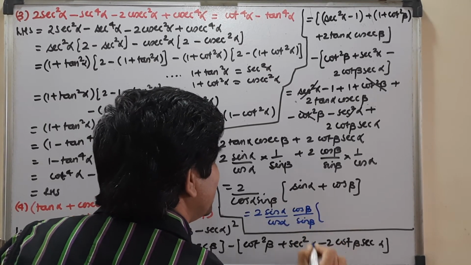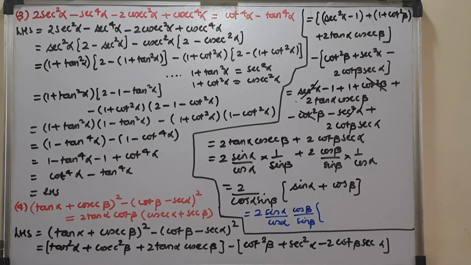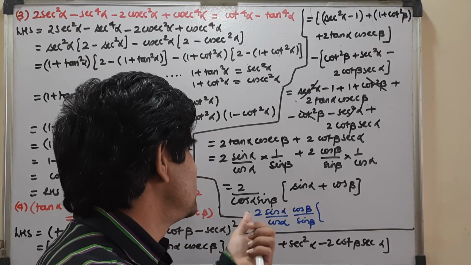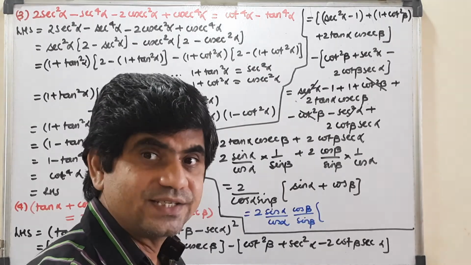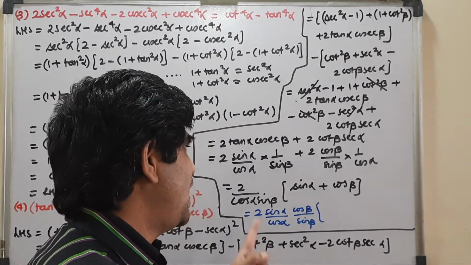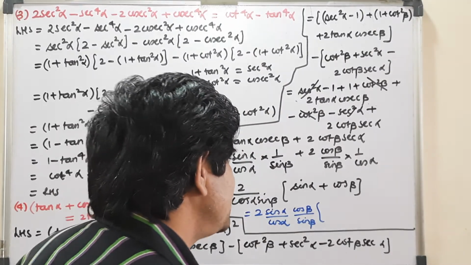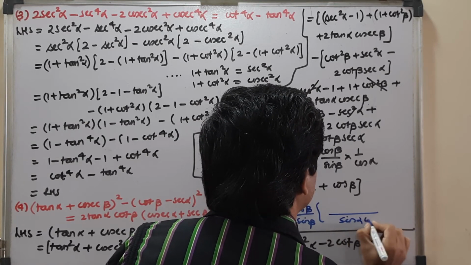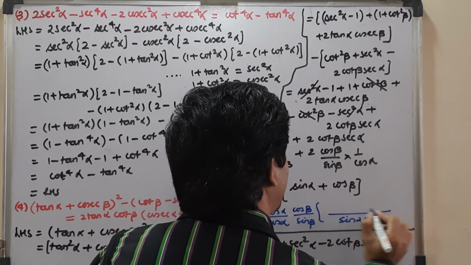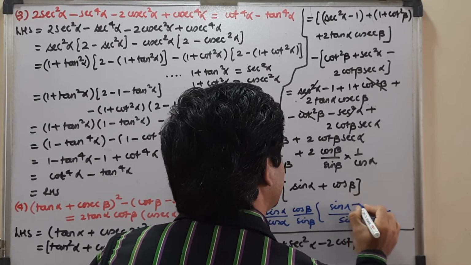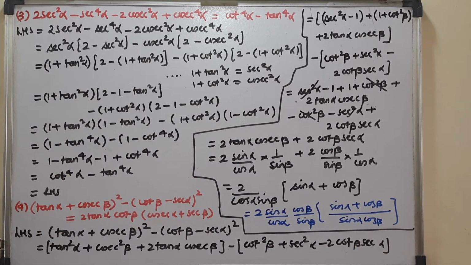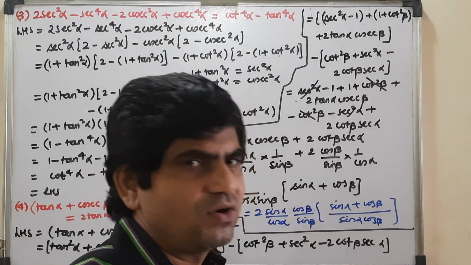Means what I did, I multiplied with sin alpha and cos beta, and since I multiplied with sin alpha and cos beta, I have to remove it also. So I remove it here, that is sin alpha cos beta, and upside remains as it is, sin alpha plus cos beta, agreed. What I did, I multiplied and divided by sin alpha cos beta.